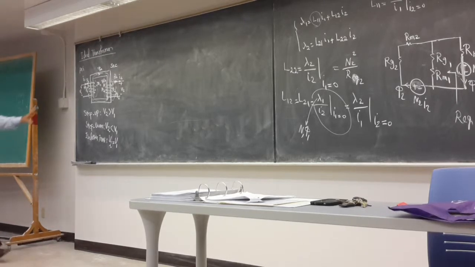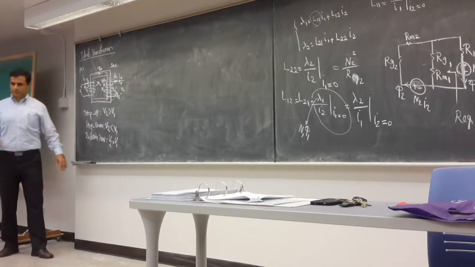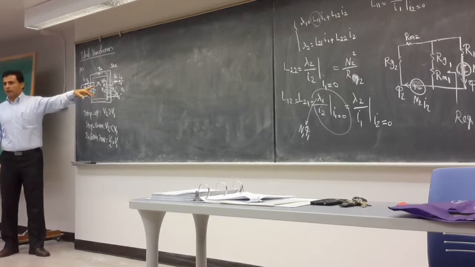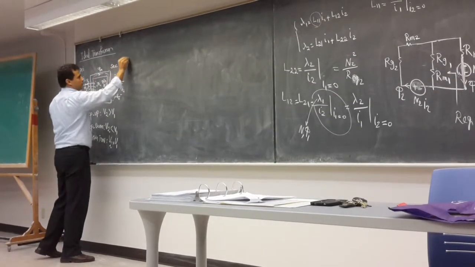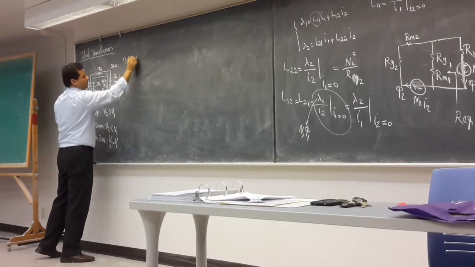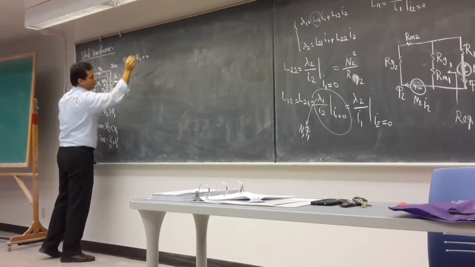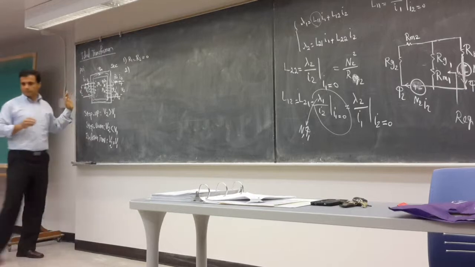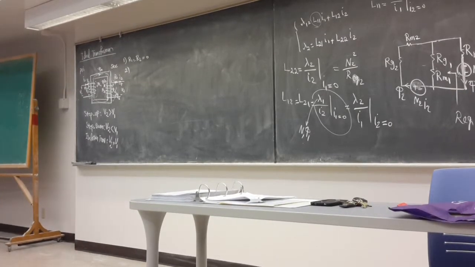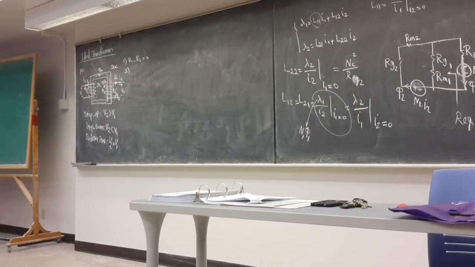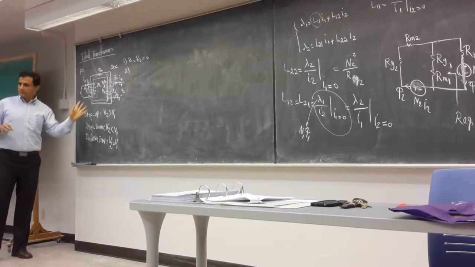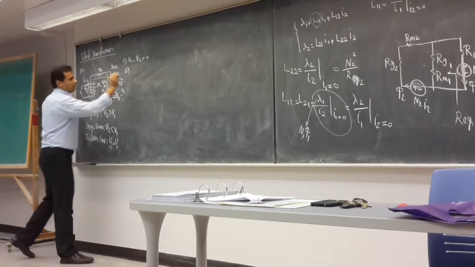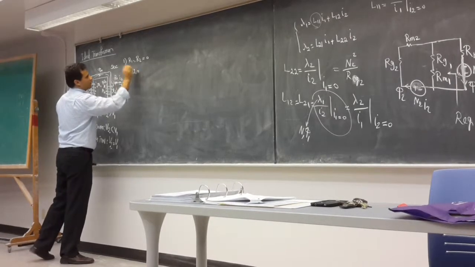When we say a transformer is ideal, first of all, it means R1 and R2, the windings, don't have any resistance, so R1 equals R2 equals 0. Second, it means there is no leakage flux, so Φl1 and Φl2 are 0.